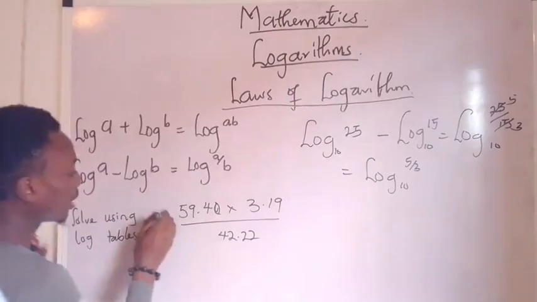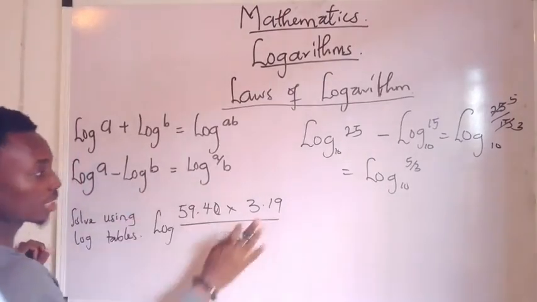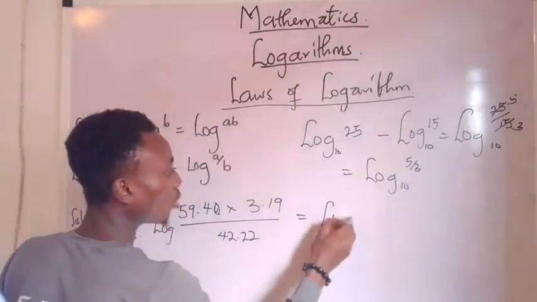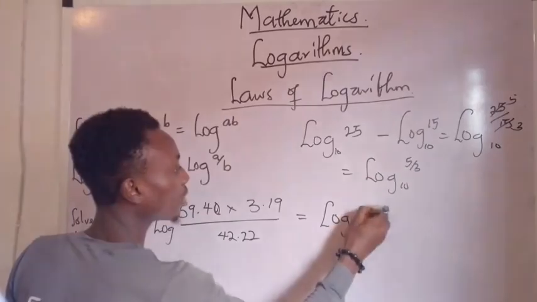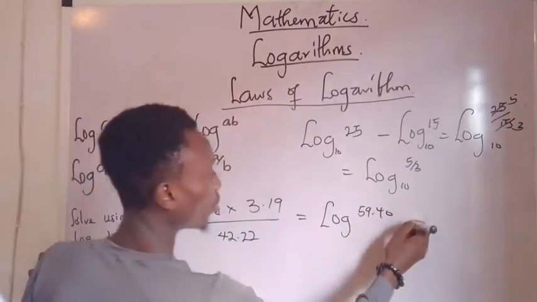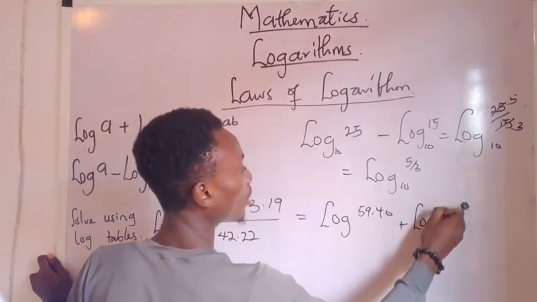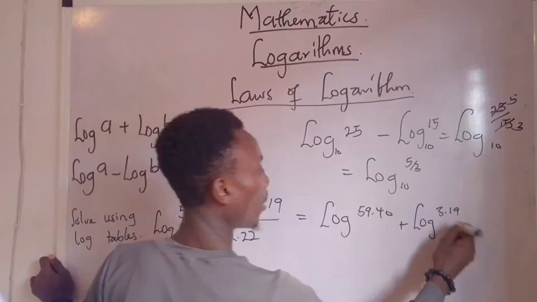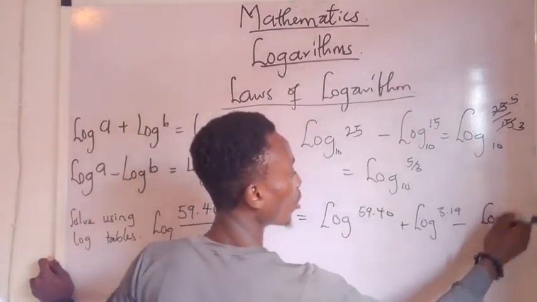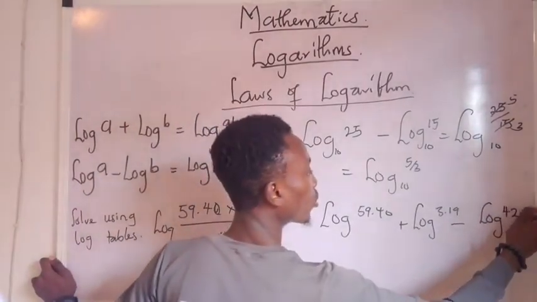Actually, log of this is equal to log 59.40 plus log 3.19 minus log 42.22.